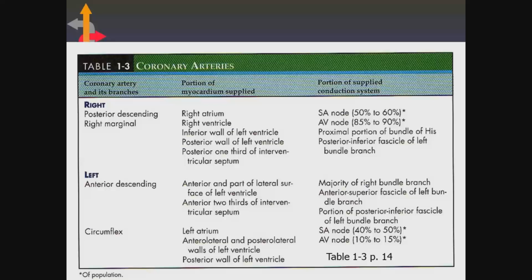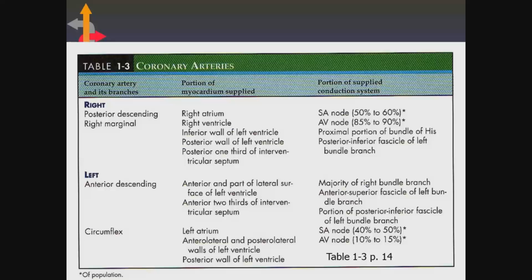Okay. On the left side, there's two primary branches that you do need to know: the left anterior descending and the left circumflex. The anterior descending is the one that is most critical, because that's going to feed the left ventricle as well as part of the septum.